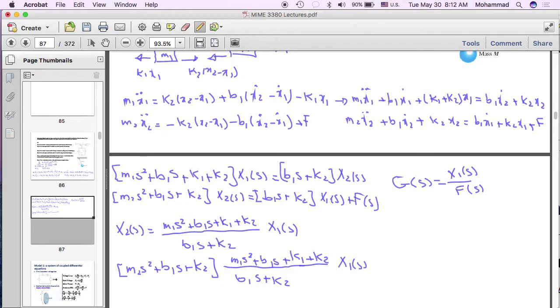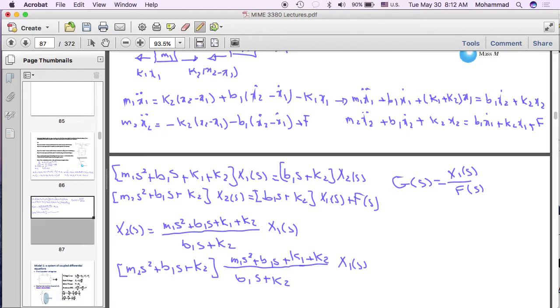So that's this portion. To make it a little bit easier, please follow me so there is no confusion. I'm going to take this term from the right side and move it to the left side, so we have every term that has x1 of s in it on one side.